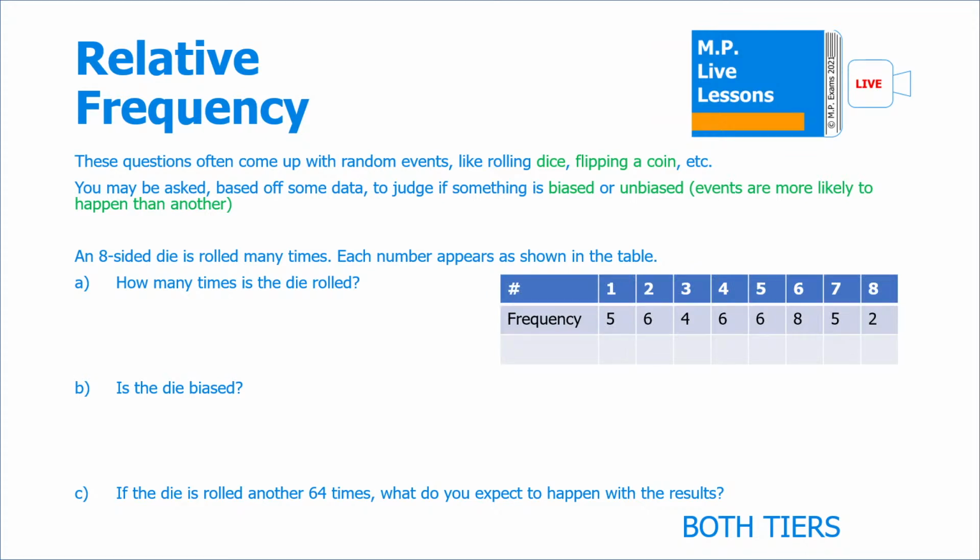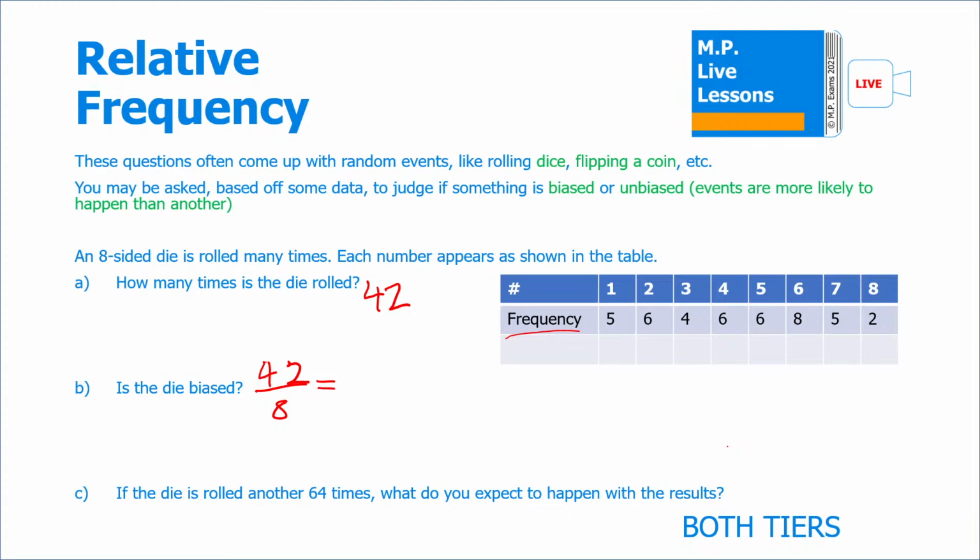So the die is rolled a total of 42 times. That's just adding up all the frequencies here. Now, is the die biased? If you divide it by 8, you'd expect each outcome to happen with roughly the same frequency.